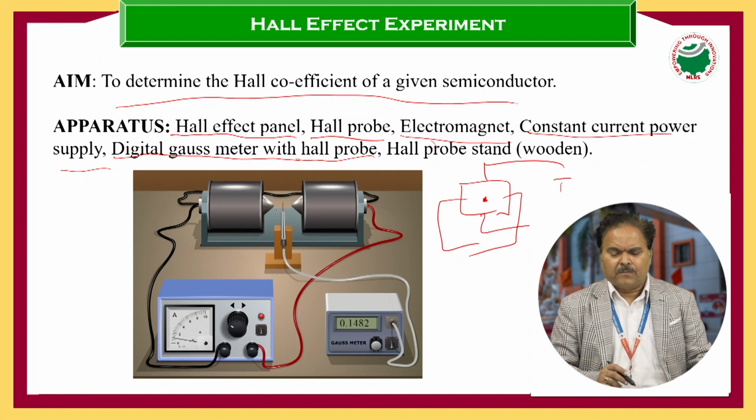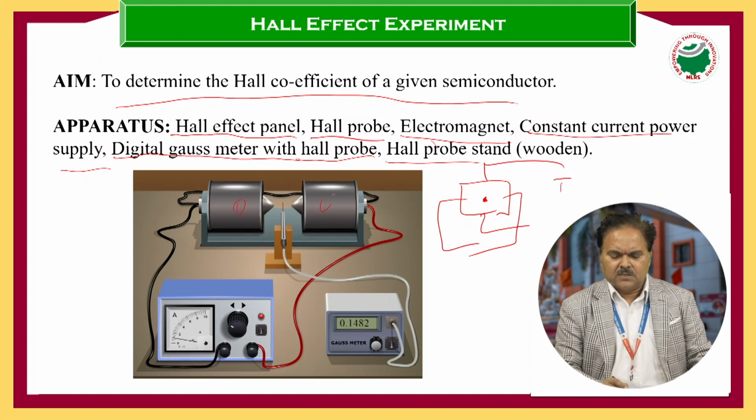In the experiment you can see different kinds of apparatus. There is a Hall probe stand. If it were an iron metal stand, the magnet would attract it, which is why a wooden stand is usually used. This Hall probe contains a small plate-like thing, red in color.